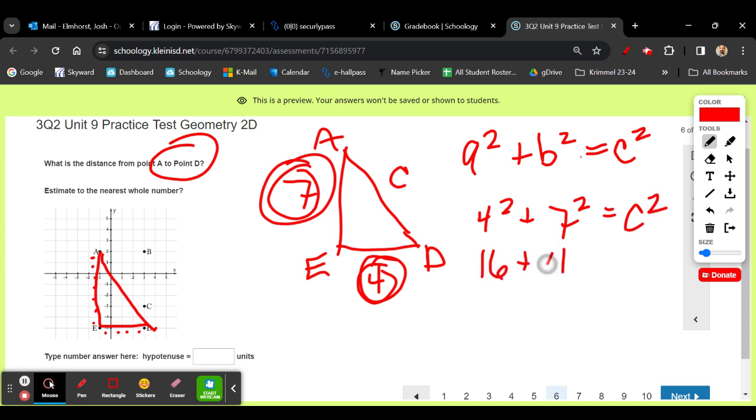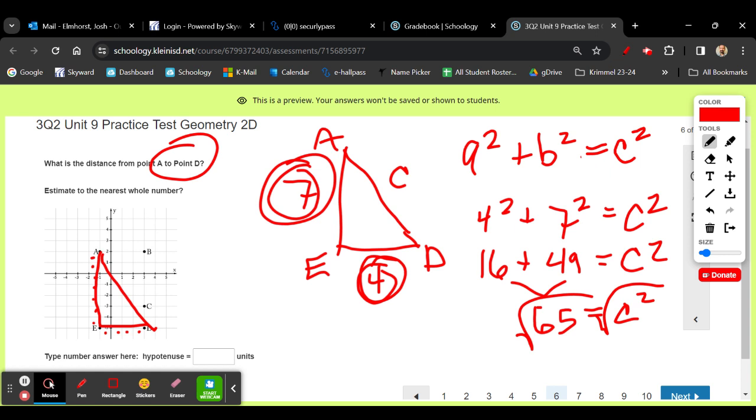Got 16 plus 49 equals c squared, and that all together, 16 plus 49 is going to give us 65. That's c squared. The square root of 65 is close to the square root of 64, which is 8. So it says estimate to the nearest whole number. So we're going to say that this side is pretty close to 8.